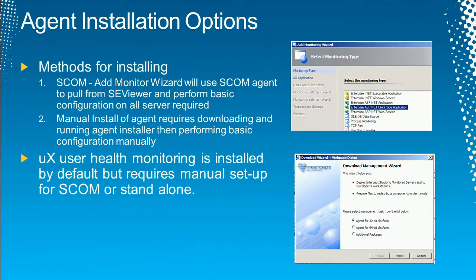There is the option to manually configure an agent, and you would predominantly do this where there was some reason why it didn't get pushed down, or you're setting up a standalone option.